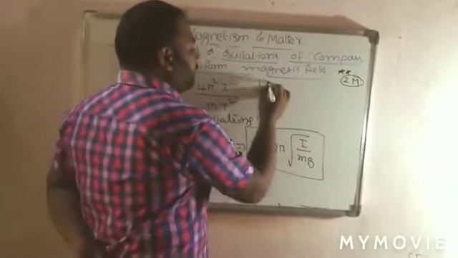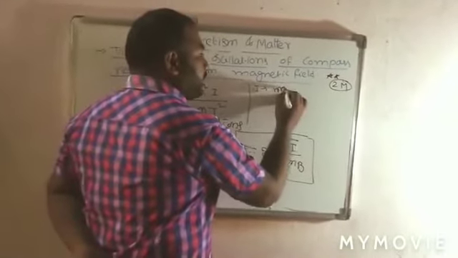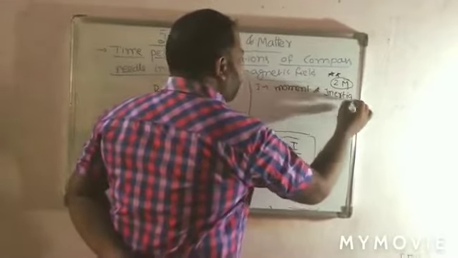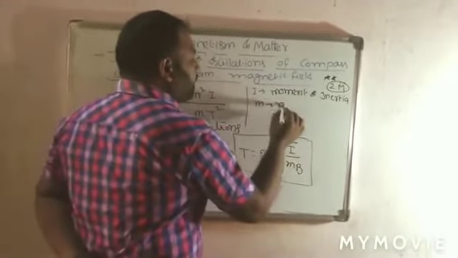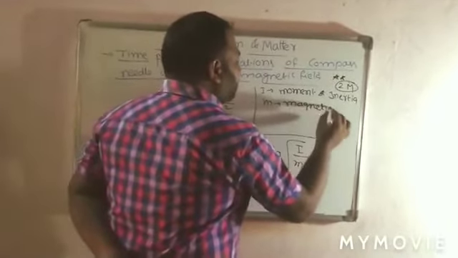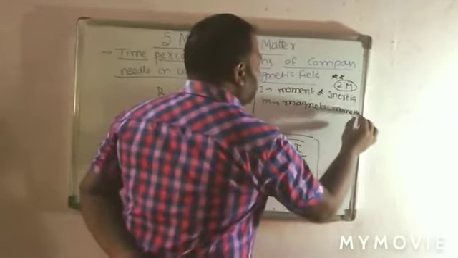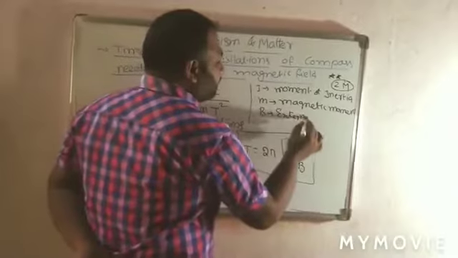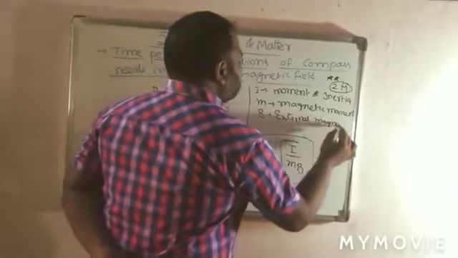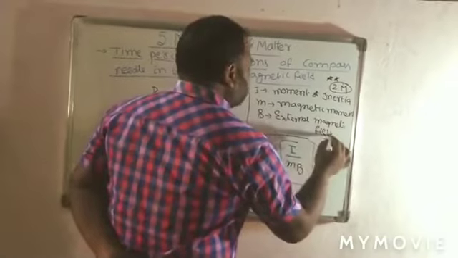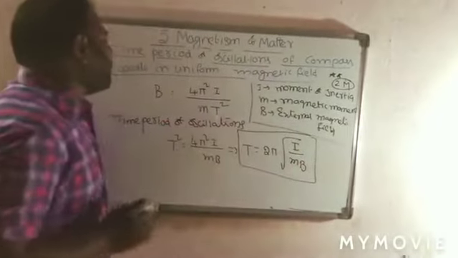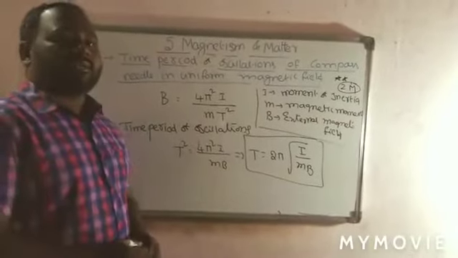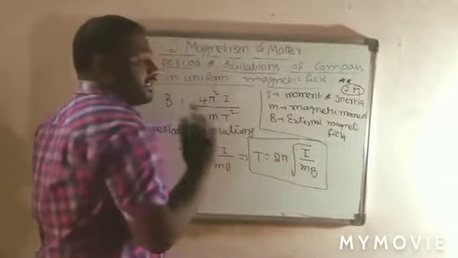Here I is the moment of inertia, M is the magnetic moment, B is the external magnetic field. Okay? So this is the expression for the time period of oscillations of a compass needle which is placed in a uniform magnetic field, and it is an important 2 mark question.